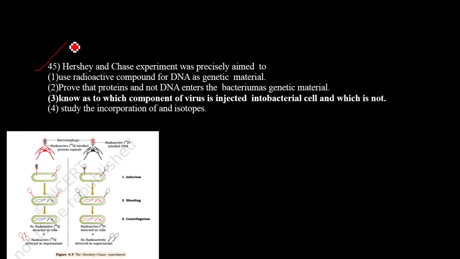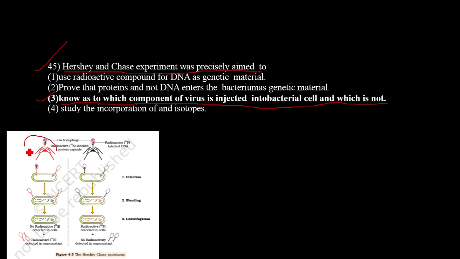Next, question number 45. The Hershey and Chase experiment was precisely aimed to... What is the aim of the Hershey and Chase experiment? Option 3 is the correct answer: to know which component of the virus is injected into the bacterial cell and which is not. See, what is the meaning of the third option?